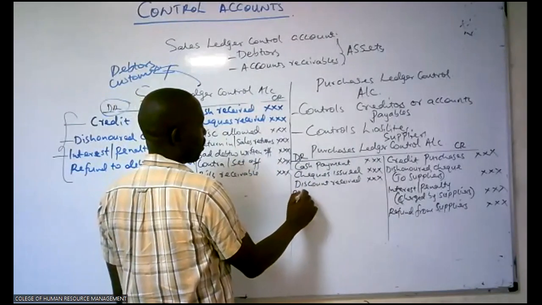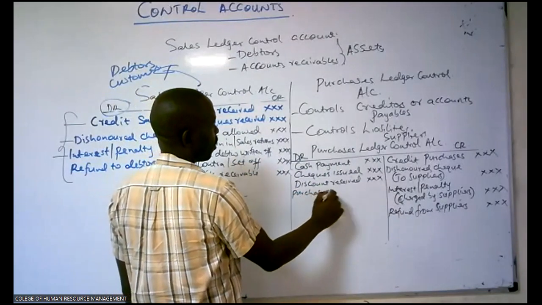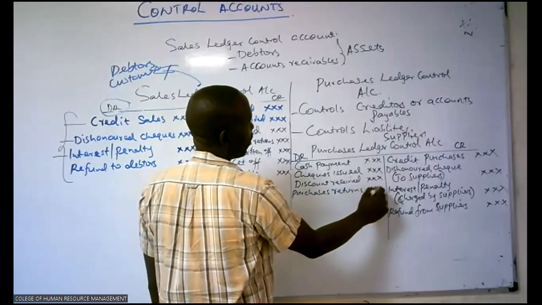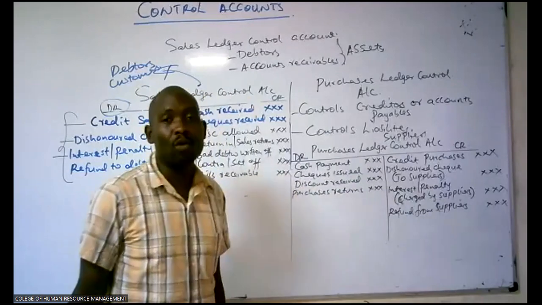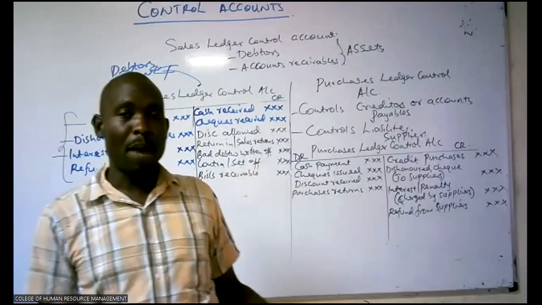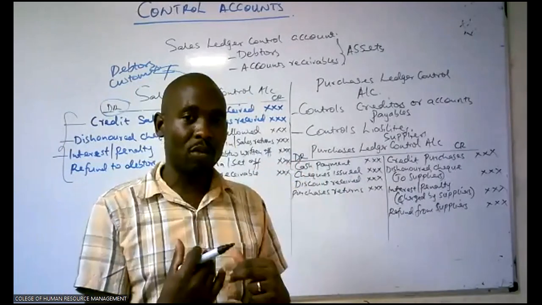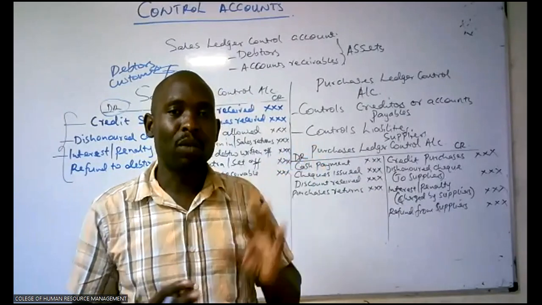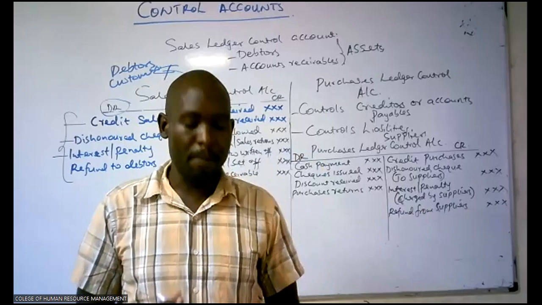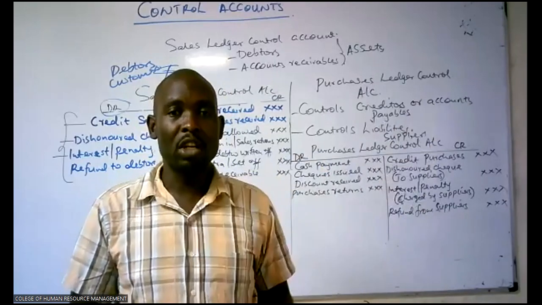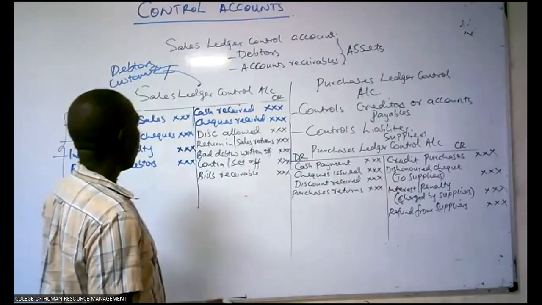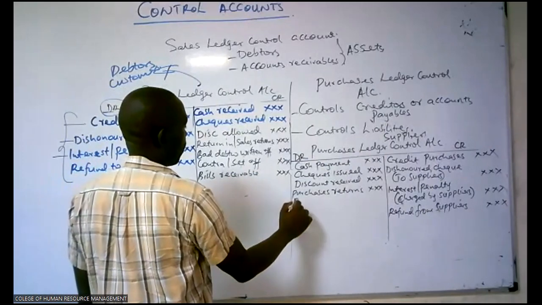Purchases returns. Purchases returns is the same as returns outwards. When we purchase goods on credit, it increases the creditors' balance. But when we return part of the goods that we had purchased, it reduces that initial amount. Then we are going to have the bills payable.